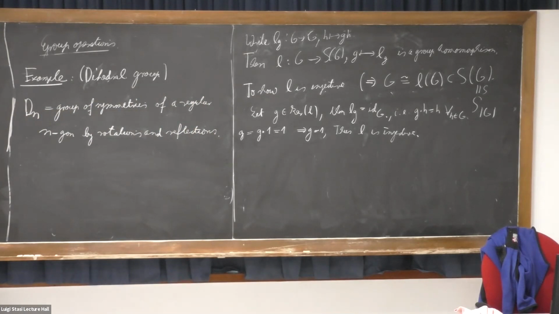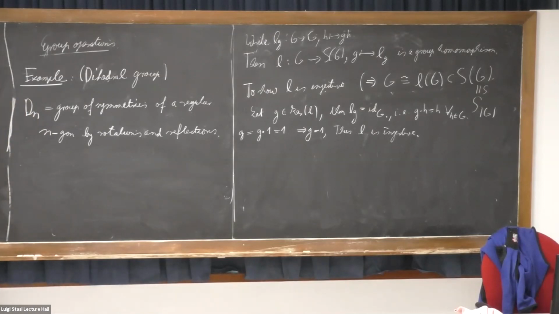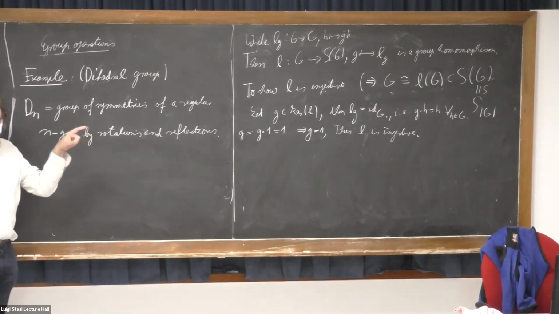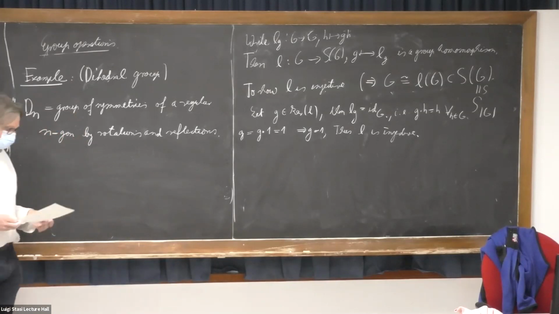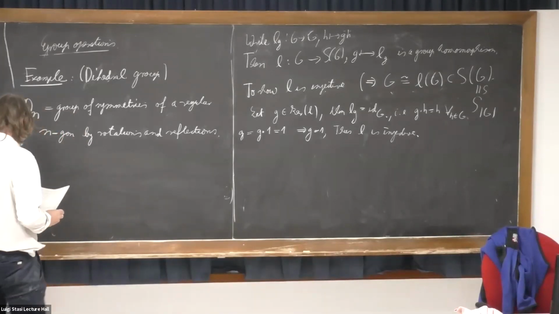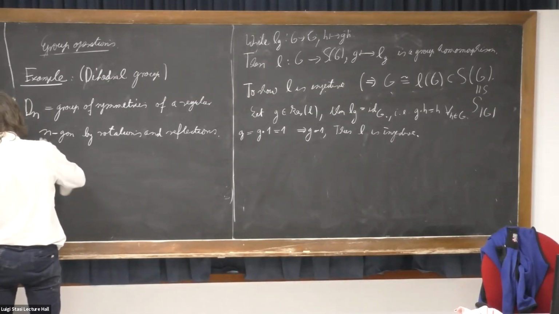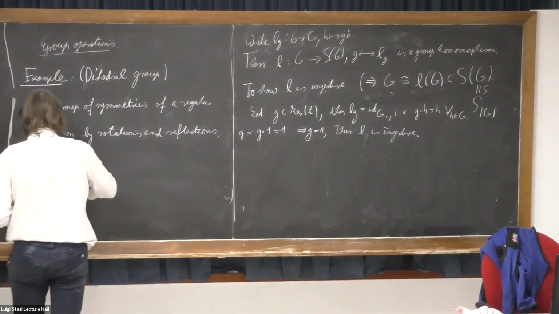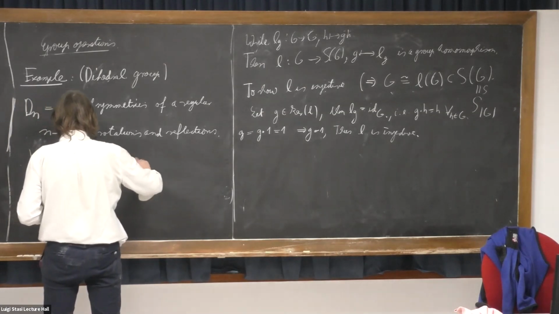So in this case, it's natural to view it as a subgroup of a symmetric group, because such a rotation or reflection will be determined by what it does to the vertices. So if we number them from 1 to n, it somehow operates on the numbers 1 to n.